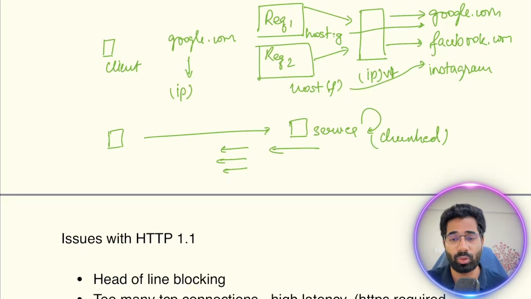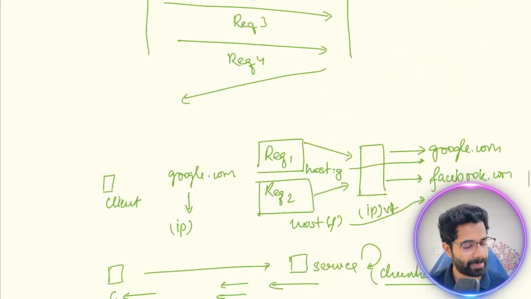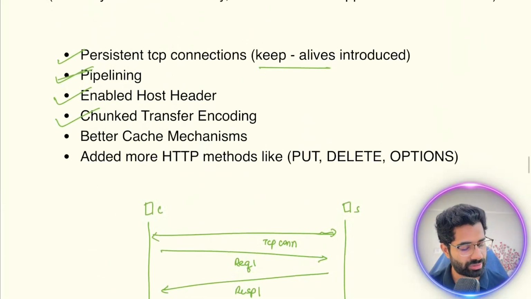It need not tell the whole length of the response as content length in the metadata headers of the HTTP all at once. It can keep on generating the responses and keep sending them on the TCP connection, and the client will know that, okay, since the type is chunked, I will keep on receiving the data until a final end of file is received.